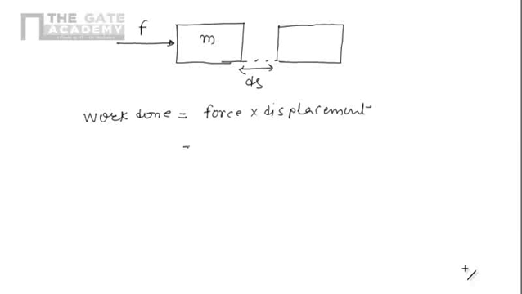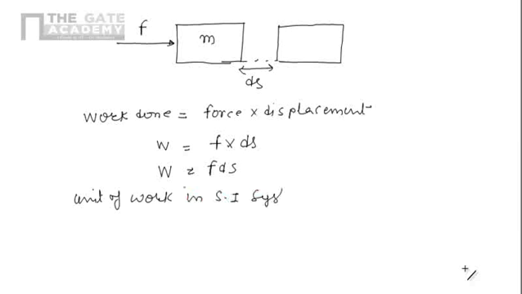So F ds will be the work done, generally denoted by W. The unit of work in the SI system is joule.